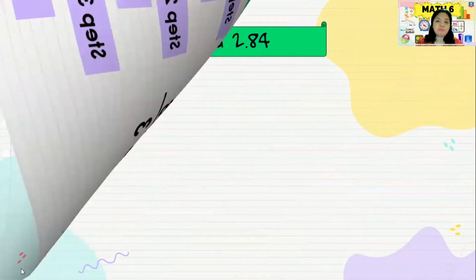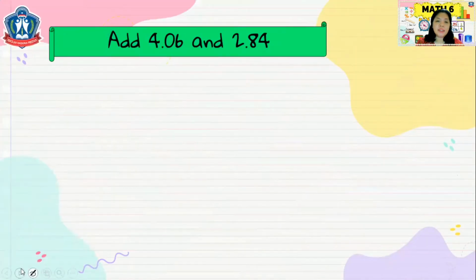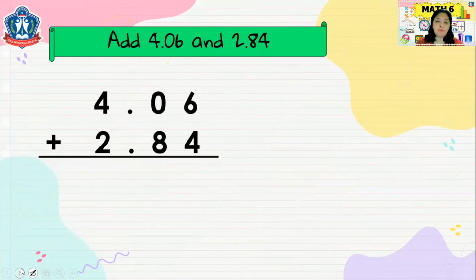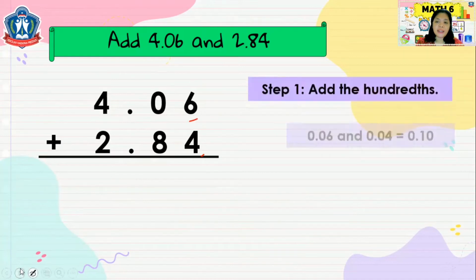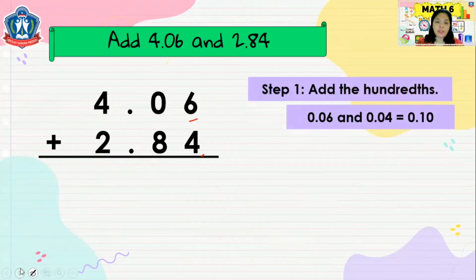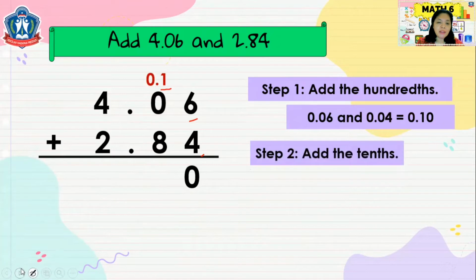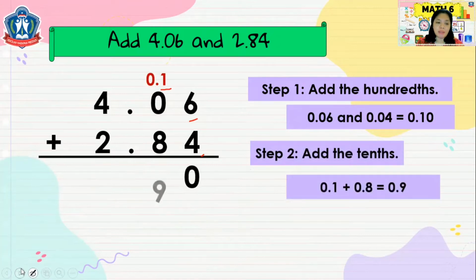Another example, let's add 4.06 and 2.84. So again, we will start adding the hundredths, or the smallest place value. So 0.06 and 0.04, that is equal to 0.1 or 0.10. Okay, so we will rename the 0.1 here in the tenths place, and we will add with 0.8, and that is equal to 0.9.